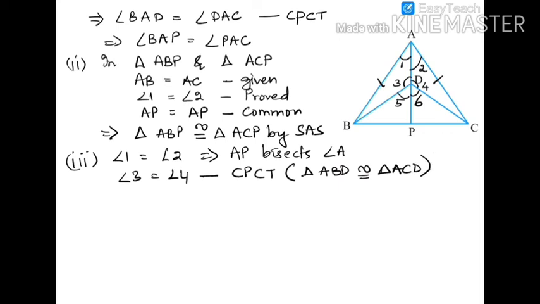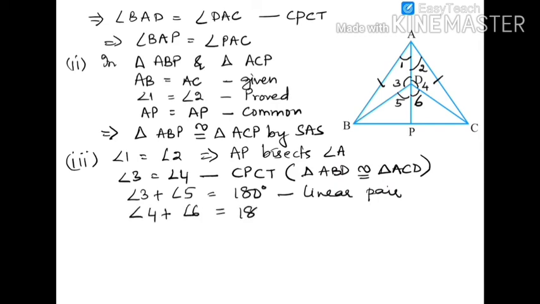Now notice that angle 3 and 5 are adjacent angles that form a linear pair. So angle 3 plus angle 5 will be equal to 180 degrees. Similarly, angle 4 and angle 6 also form a linear pair. So angle 4 plus angle 6 will be equal to 180 degrees.